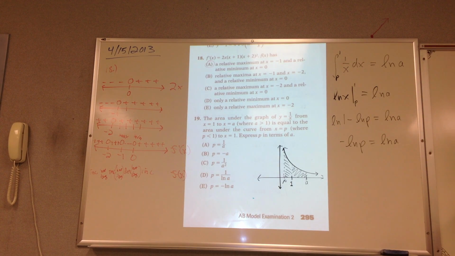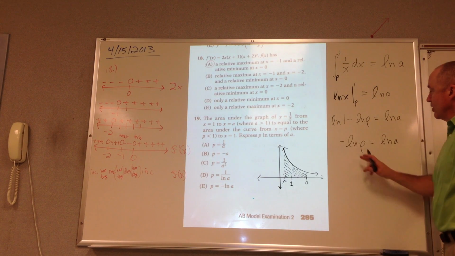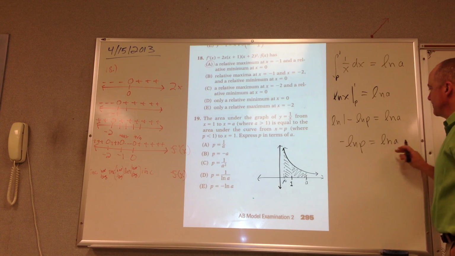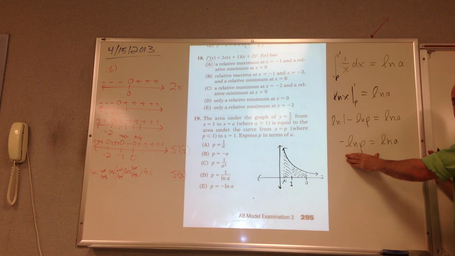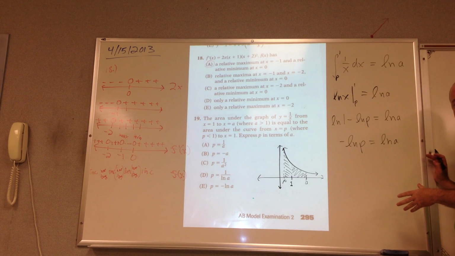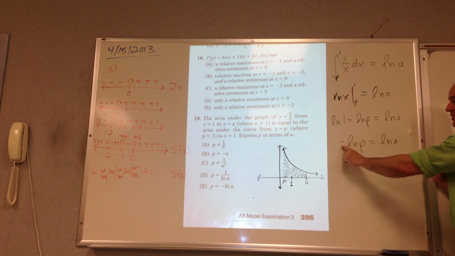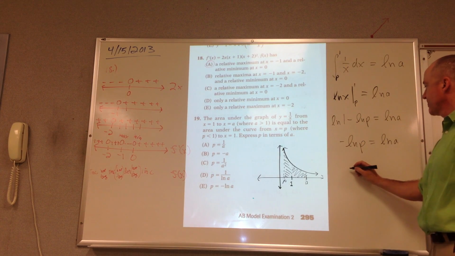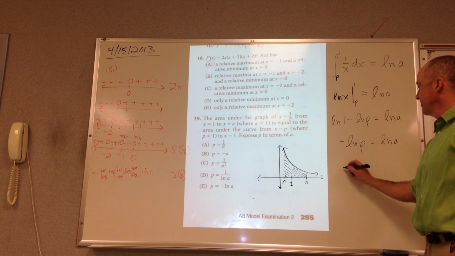We don't have the variable p by itself, so we can drop the natural logs as long as there's no coefficients. Remember that? We always had to get rid of coefficients in solving natural log equations. So negative 1, what can you always do with a coefficient with a logarithm? Push it up, very good.